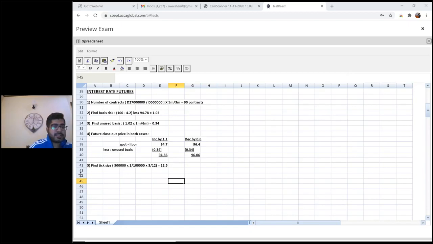Okay. Then the next step, the most mark scoring step, which carries the heavy weightage. Find the outcome of hedge in both cases. The first case is interest rate increased by 1.1%.